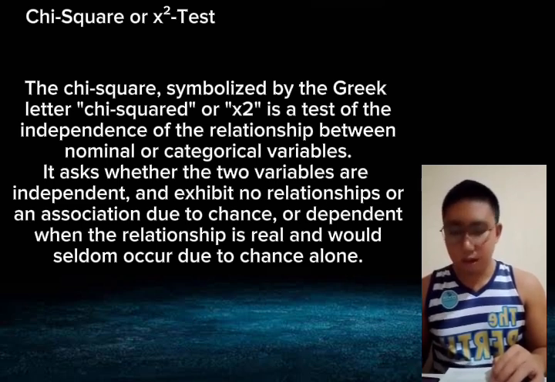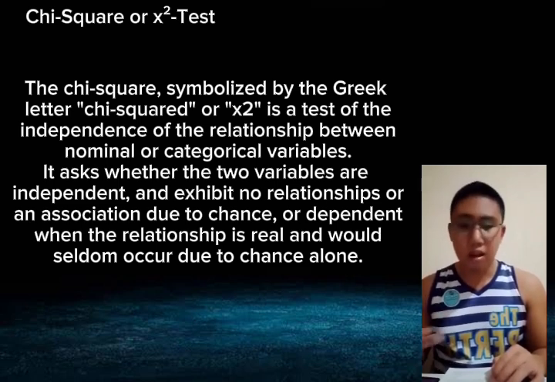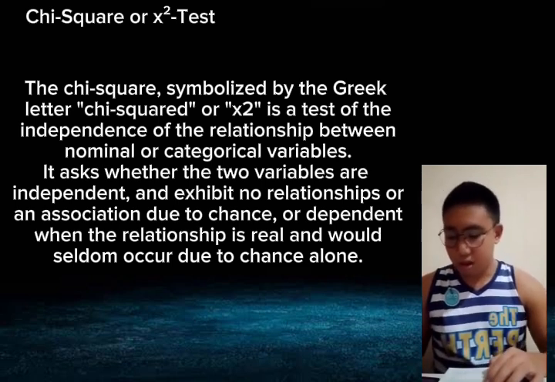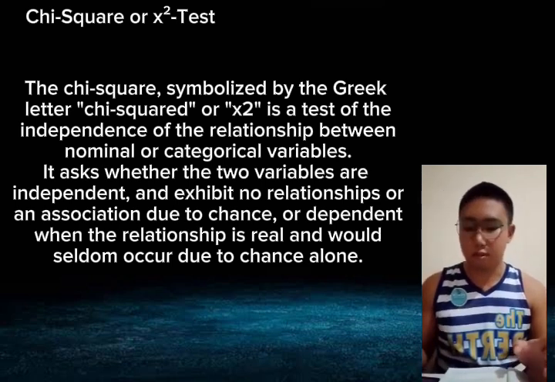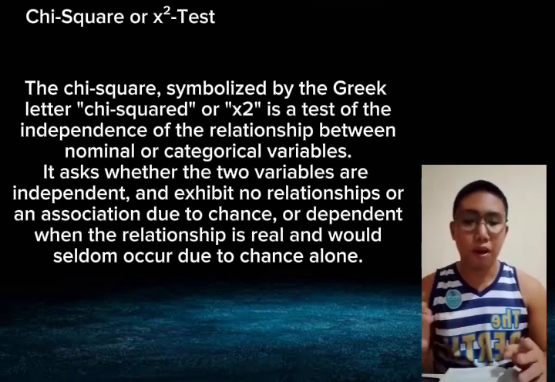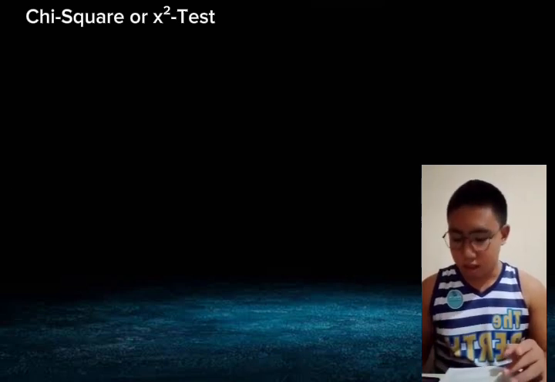So the chi-square test is used by researchers to assess whether the two variables are independent or have no relationship at all, or whether they have a relationship but it is only due to chance.